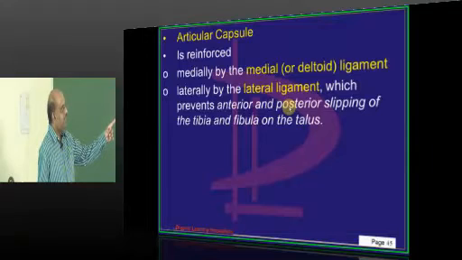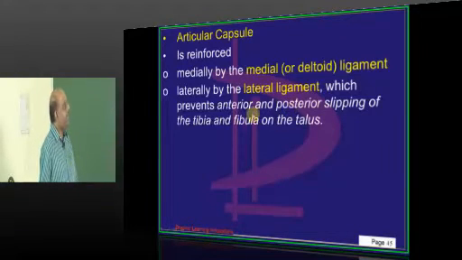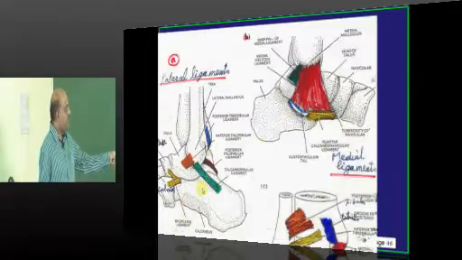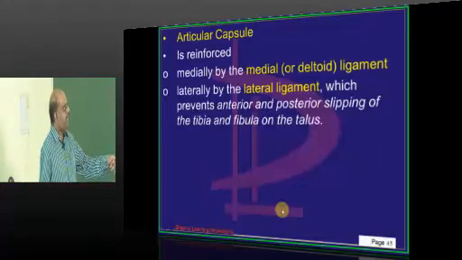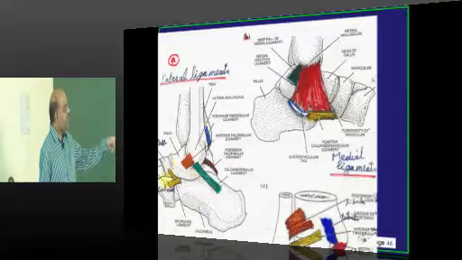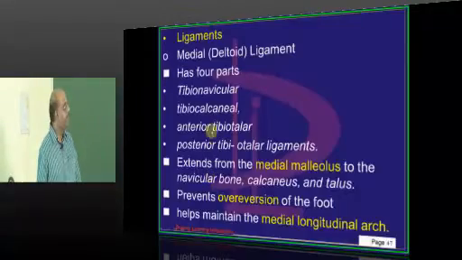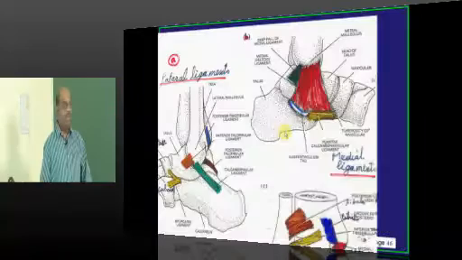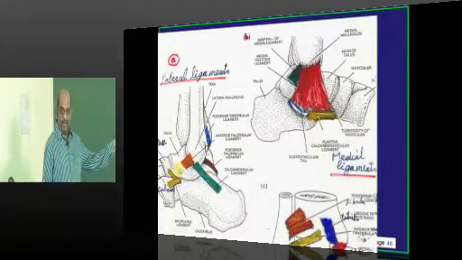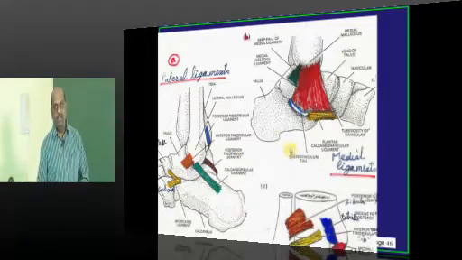Laterally, it is strengthened by the lateral ligament, which prevents the anterior-posterior slipping of the tibia and fibula on the talus. Now let us look at the medial and lateral, the two ligaments of the ankle.